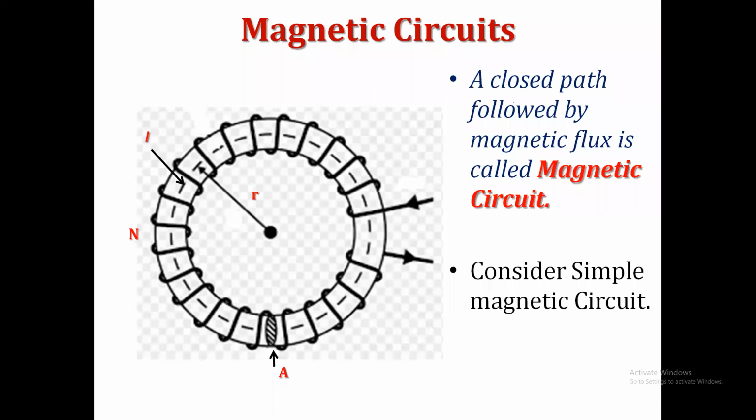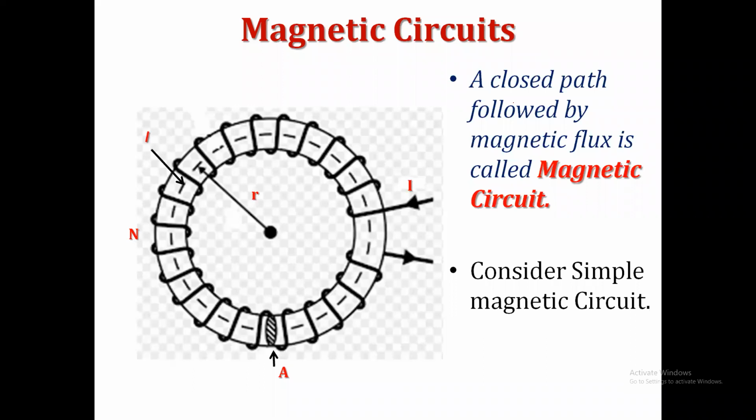The radius of that iron ring is R meter. When a current I flows through the coil, this entire circuit acts like a magnetic circuit.